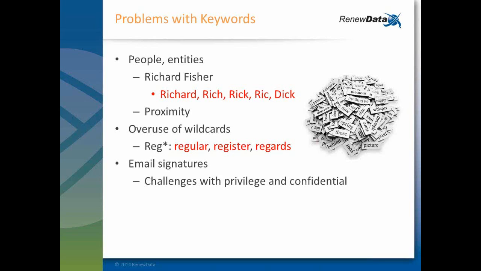Email signatures are another challenge, both for PII information and particularly for privilege. This has always been a challenge because everybody requires an email signature at the end of your email, so that confidentiality notice, this is attorney-client privilege, or whatever the corporation's email signature is, causes a lot of problems when you search for the word privilege or the word confidential, because the search engine indexes that information just along with everything else.